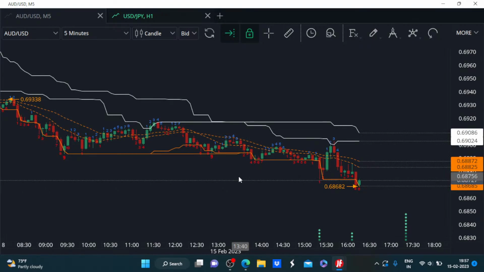So here we have a situation where the bearishness of these major currencies keeps increasing as we look at more and more major currencies trading against the US dollar.